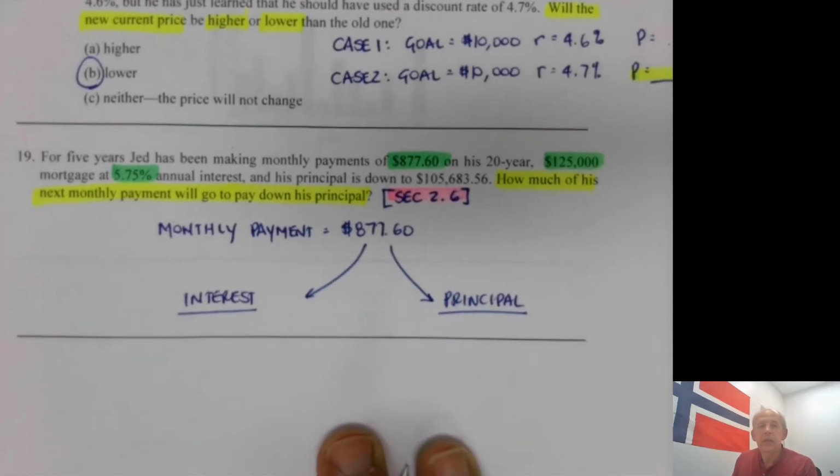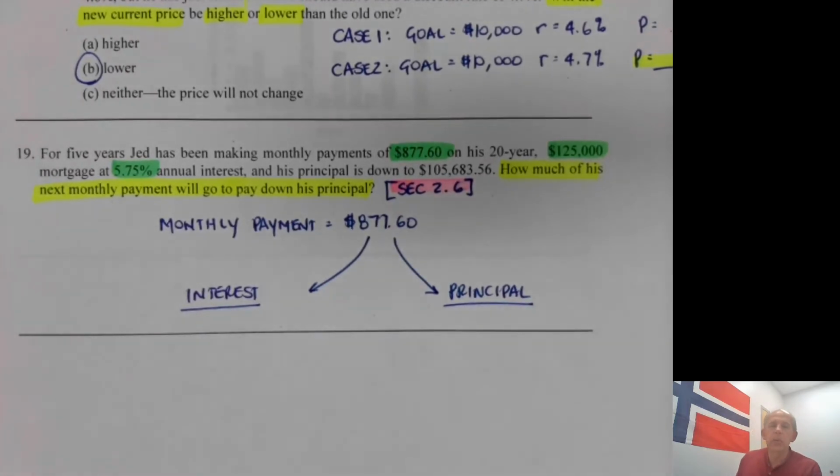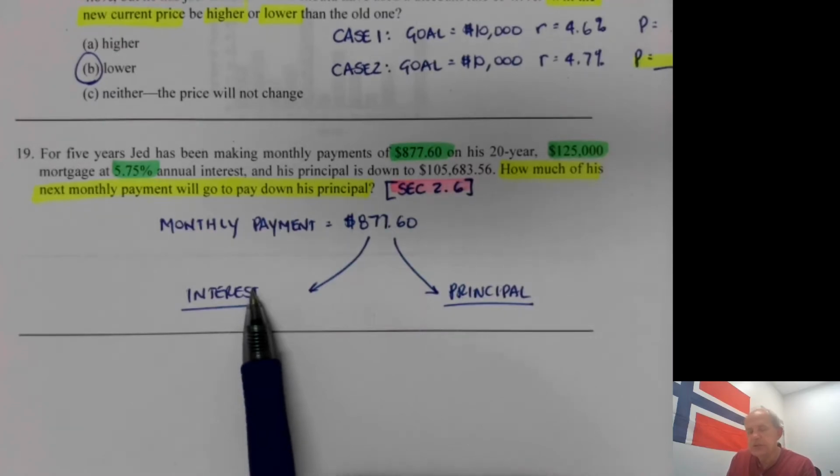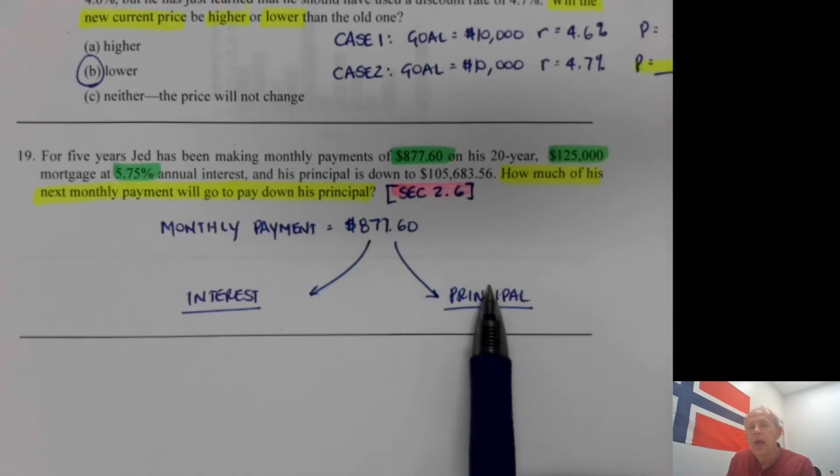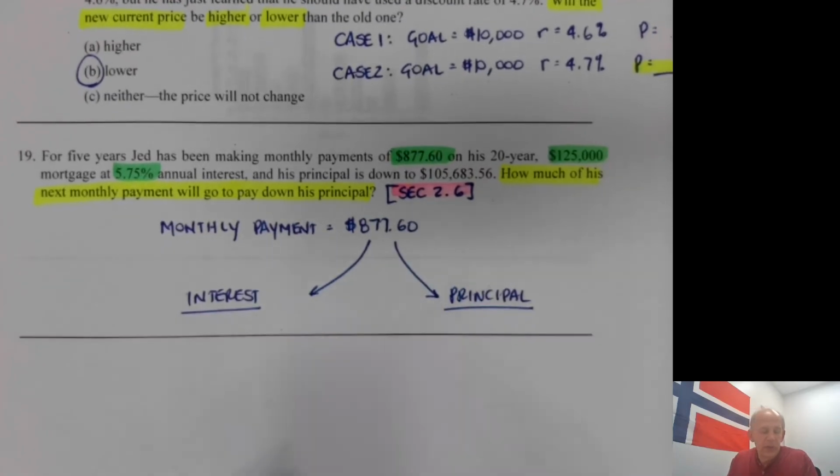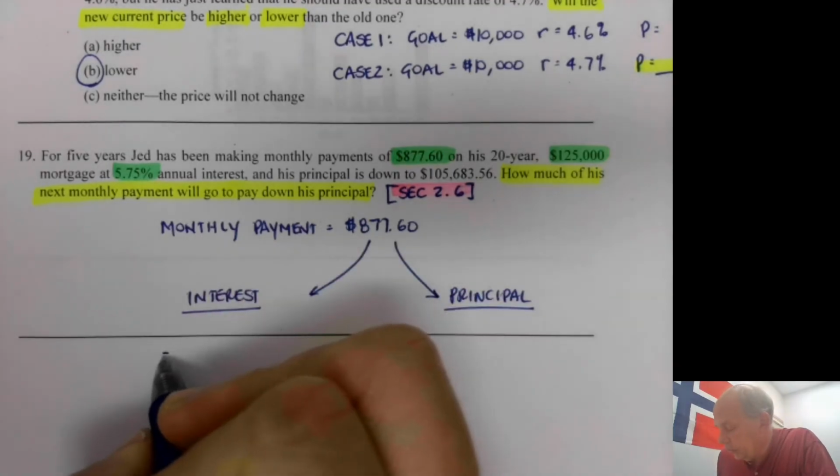Number 19, here is one of the problems where we break down our monthly payment to attack the interest that we incur during a loan, and we pay down the principal, the amount that we borrowed, over time. So here's how we're going to do this one.